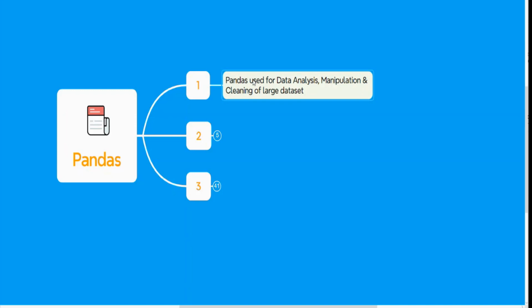From the Pandas library, we will start to import a data set. It can be in various file formats, but we will start importing the data, perform some operations on the imported data, and then export the finalized data.